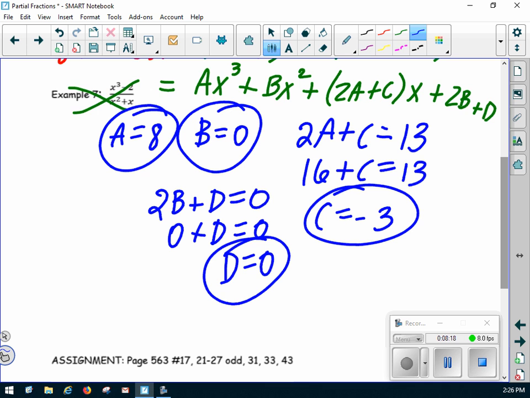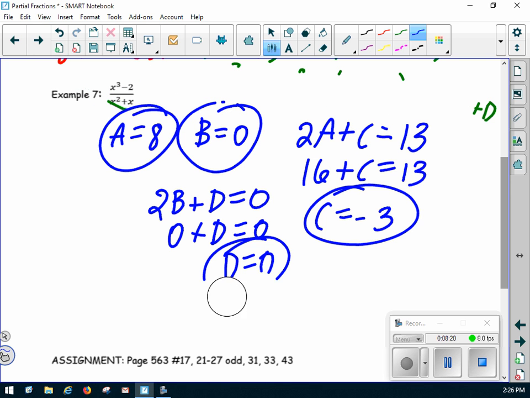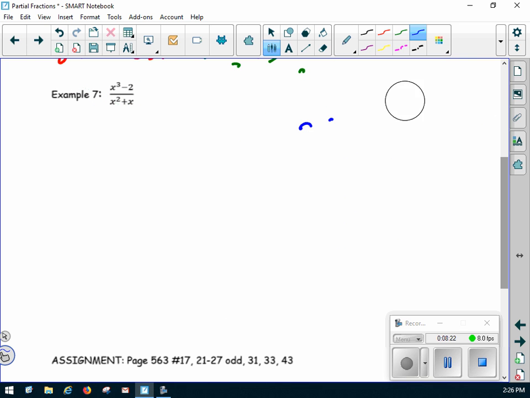Okay. Now there's one problem I want you to write on your paper, because I realized there wasn't one like this. x cubed minus 2 over x squared plus x. Think about that one for just a moment.